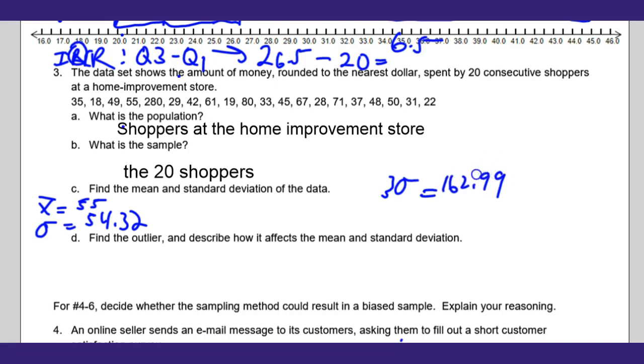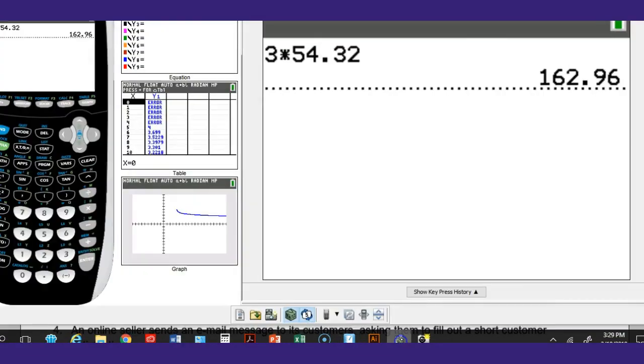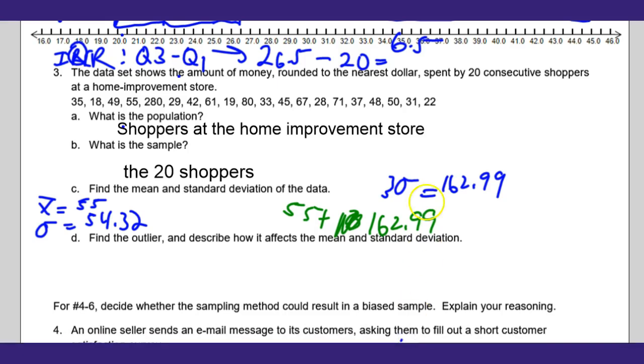Now, we need to do 3 standard deviations above. So we take the mean plus 162.99. Wait a minute. Let me make sure I wrote that right. 162.96. Yeah, 162.96. I wrote 99. So let me fix that. And again, 3 times sigma.